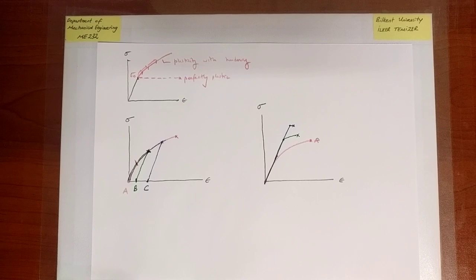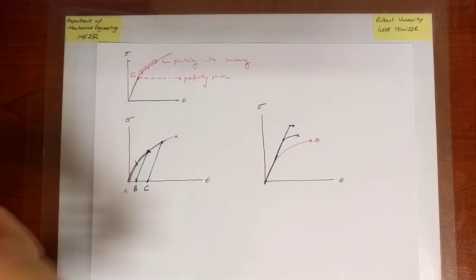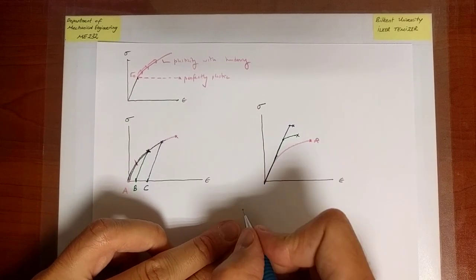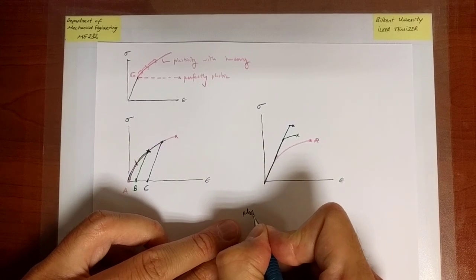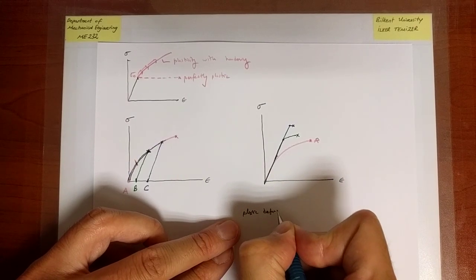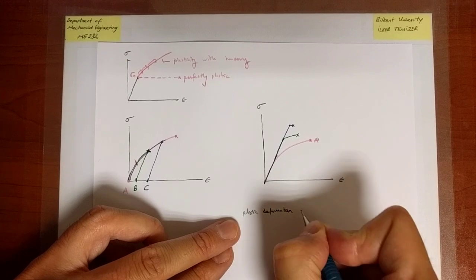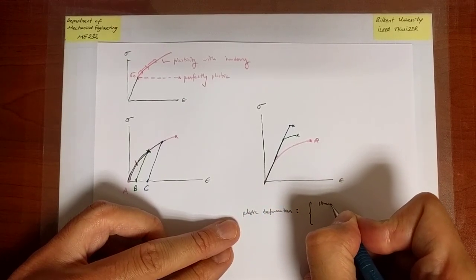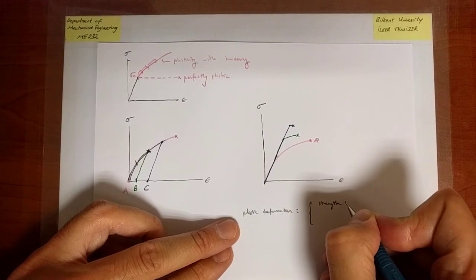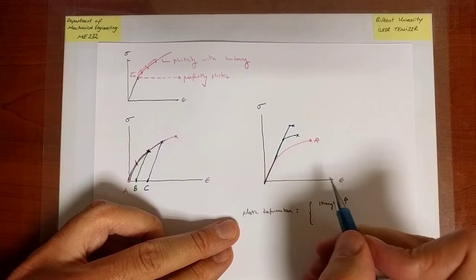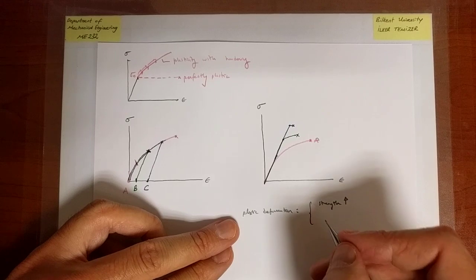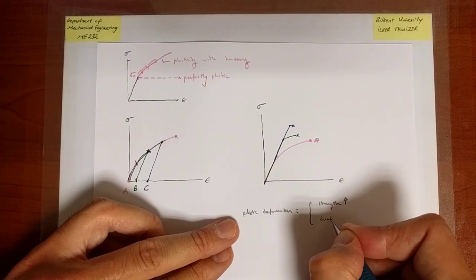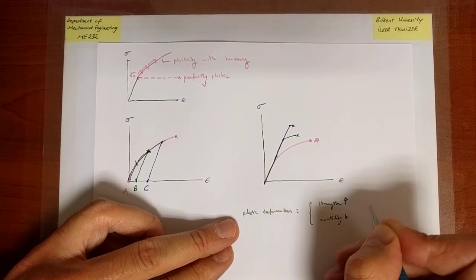Okay, so when you deform a material plastically, strength increases. With strength, I mean here the yield strength, but ductility decreases.